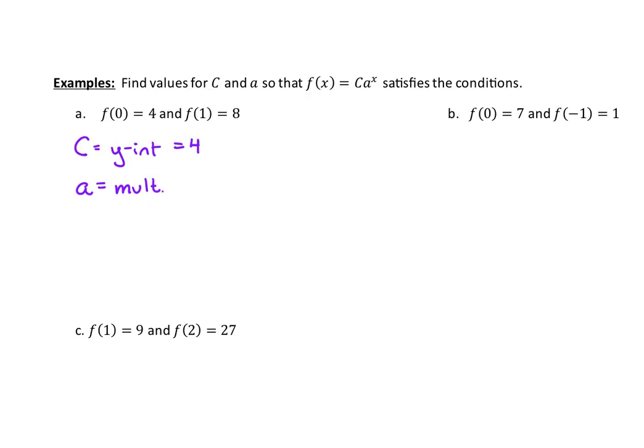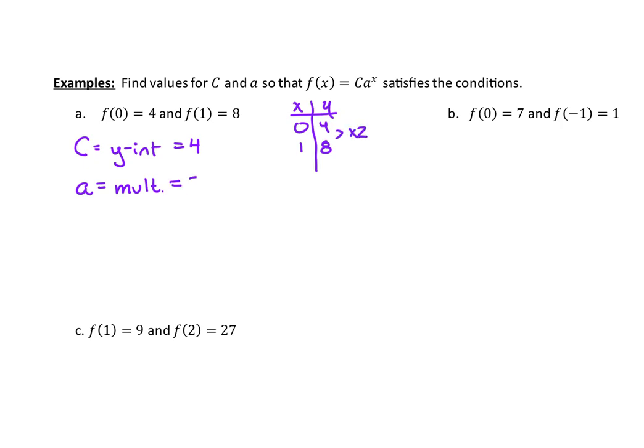Now when we look at this, we want to know, what do we need to multiply by in order to get from 4 to 8? These are increasing by 1. So as we increase x by 1, what are we doing to get to y? What we're doing is multiplying by 2.